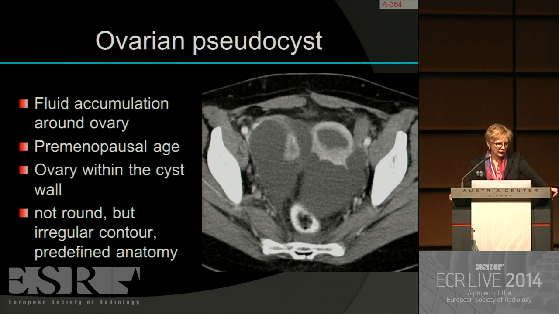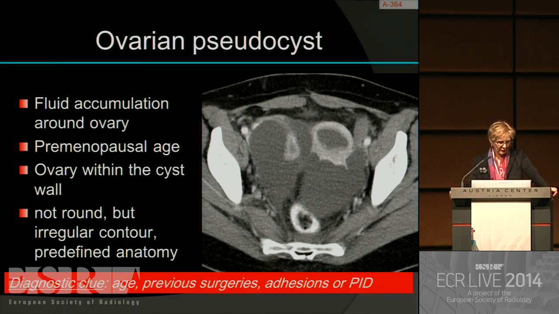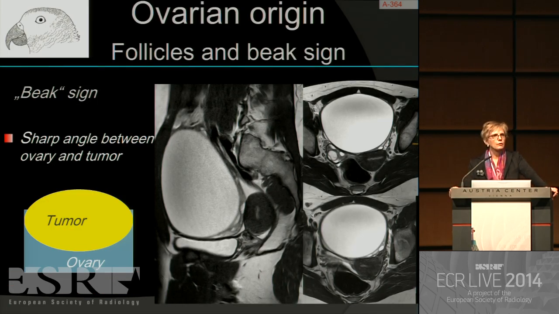And the diagnostic clue is that the form is not round, but irregular and predefined by the anatomical borders. And again, what allows us this diagnosis is the association with age and the history of previous surgeries, adhesions, or PID. So what about ovarian origin?